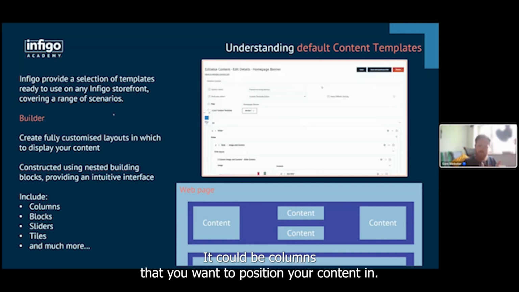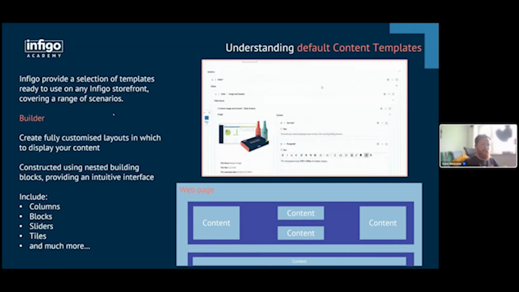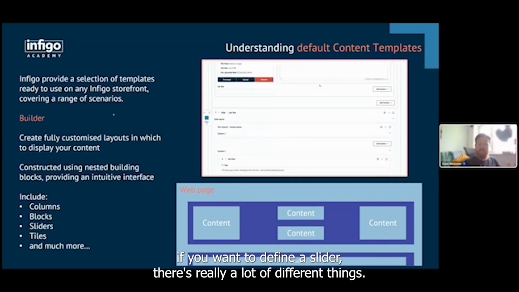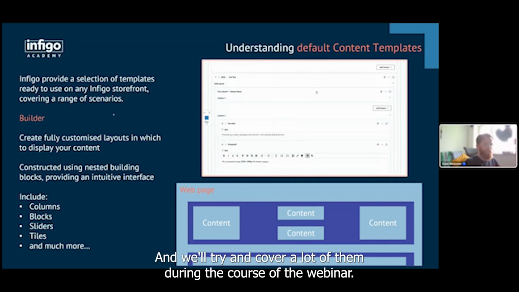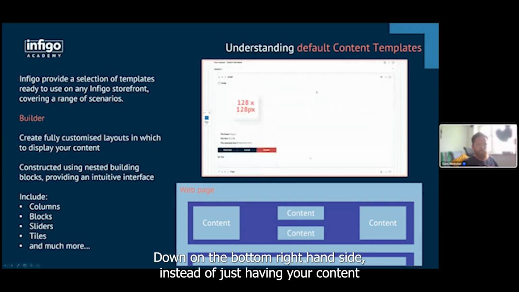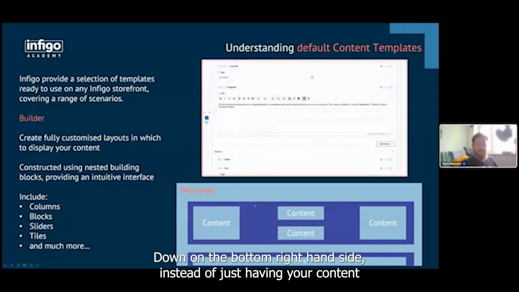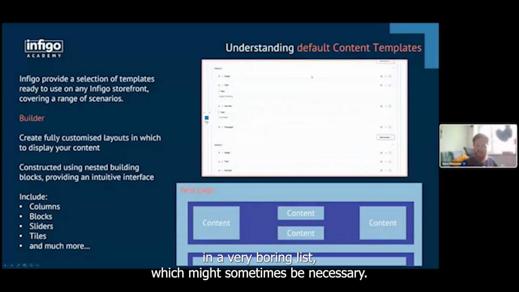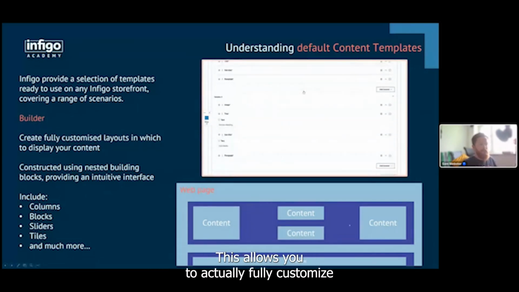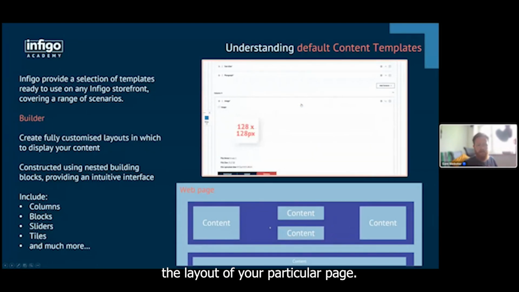It could be columns that you want to position your content in. If you want to define a slider, there's really a lot of different things, and we'll try and cover a lot of them during the course of the webinar. But to give you an inclination of what they are, down on the bottom right-hand side, instead of just having your content in a very boring list, which might sometimes be necessary, this allows you to actually fully customize the layout of your particular page.